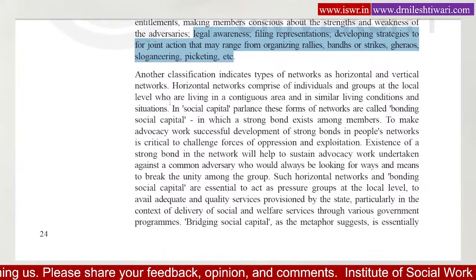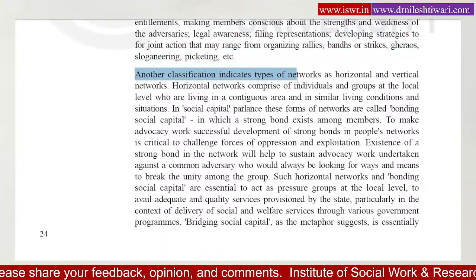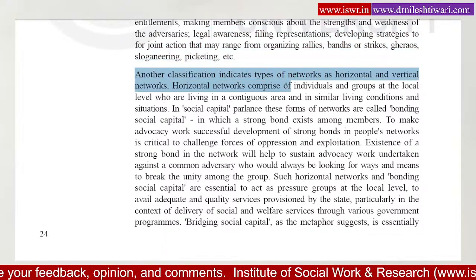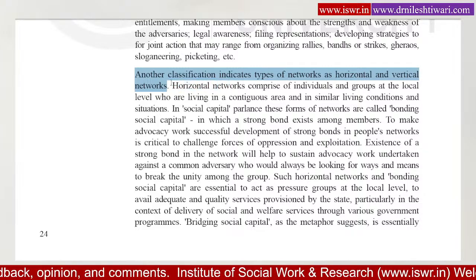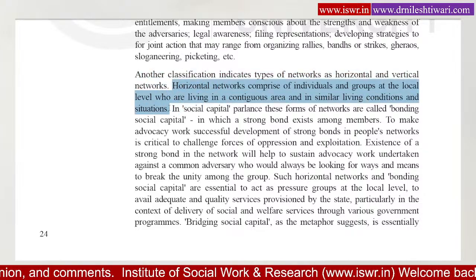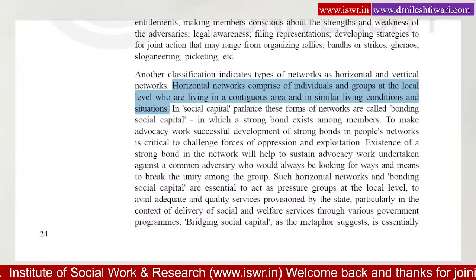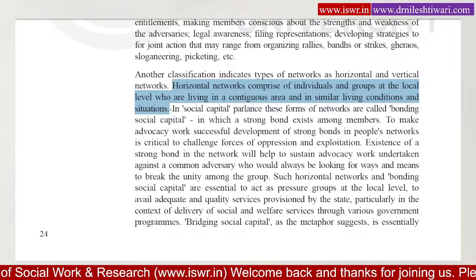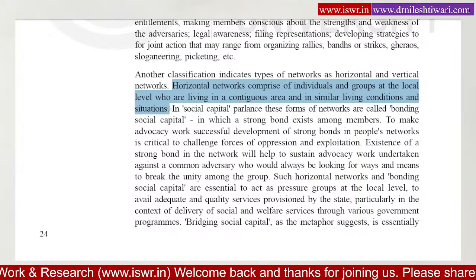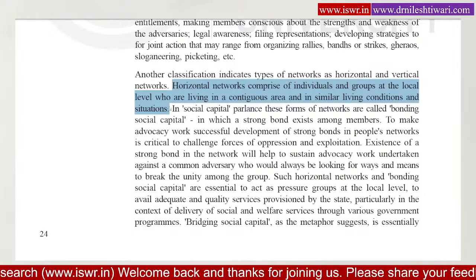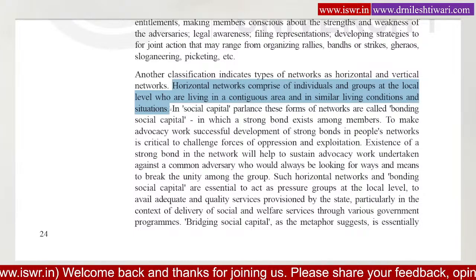Now, another classification indicates types of networks as horizontal and vertical networks. What are horizontal networks? These comprise individuals and groups at the local level who are living in a contiguous area and in similar living conditions and situations.